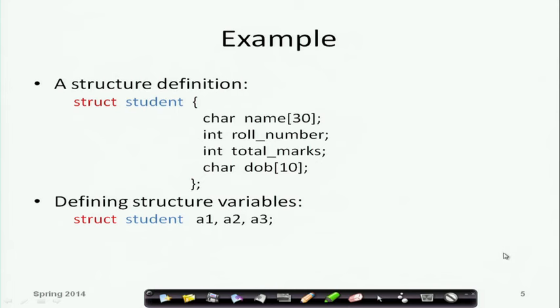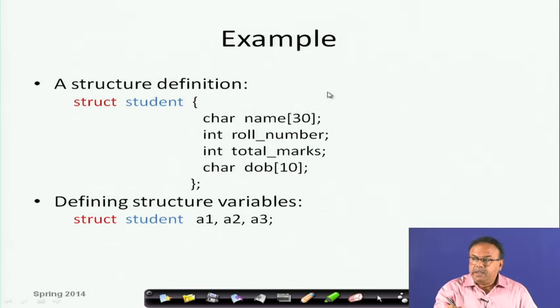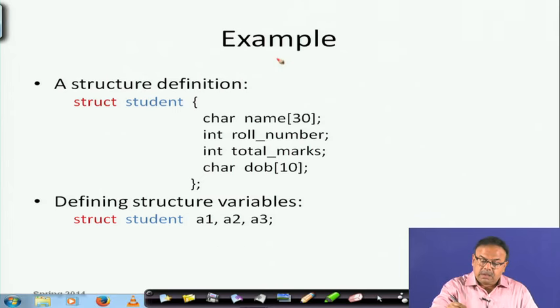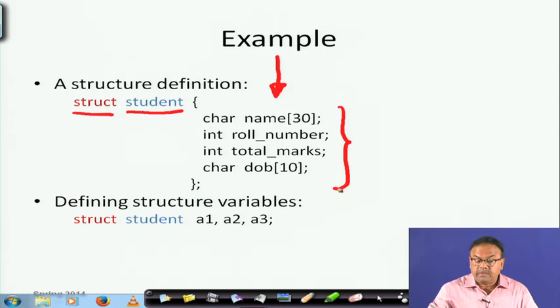Now I am defining the variables. I have defined the structure here. Once the compiler reads this and finds the definition of something called student, it knows that it is a structure, and what the constituents of that structure are: these fields.